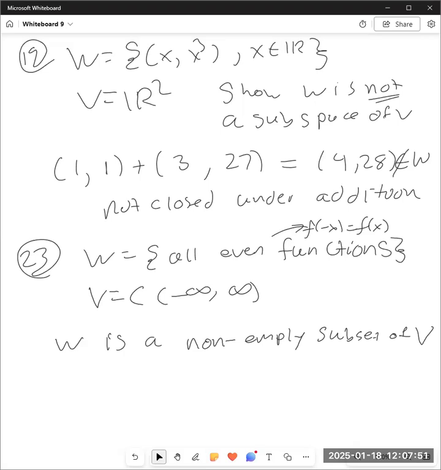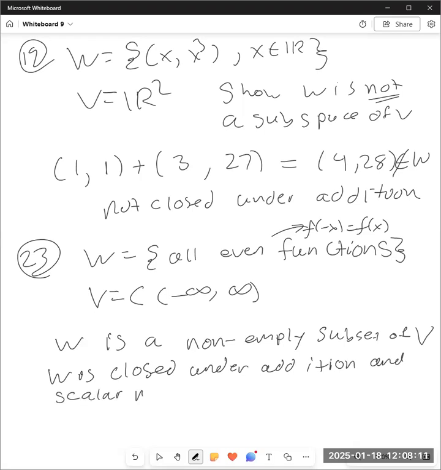We're not going to add any terms that are going to make it odd. So W is closed under addition and scalar multiplication.